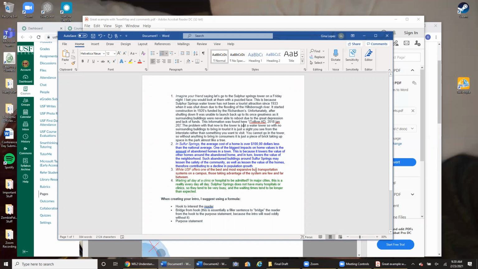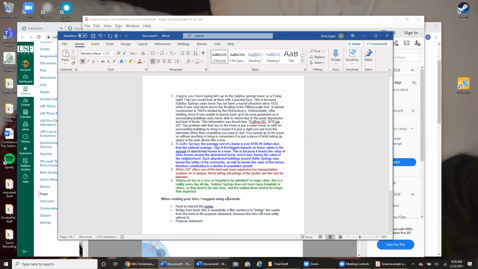So they're shorter than number 1, and they're longer than number 3, and they follow the formula: the first sentence is trying to hook the reader, trying to interest the reader, either with a fact or with a rhetorical question that gets the reader in that frame of mind of the topic.